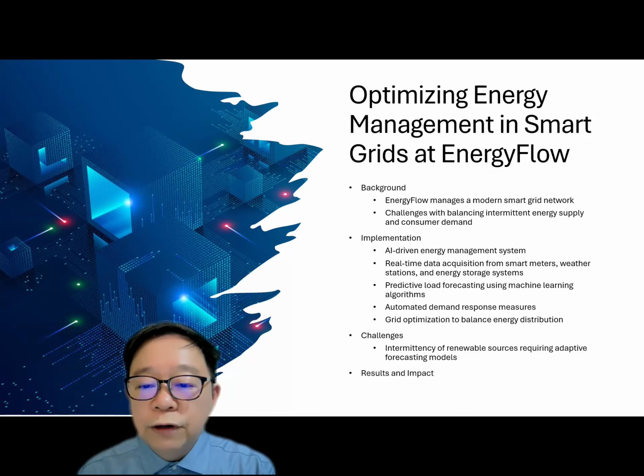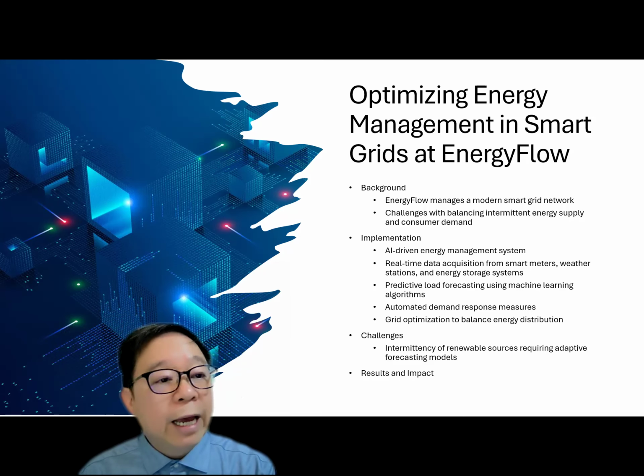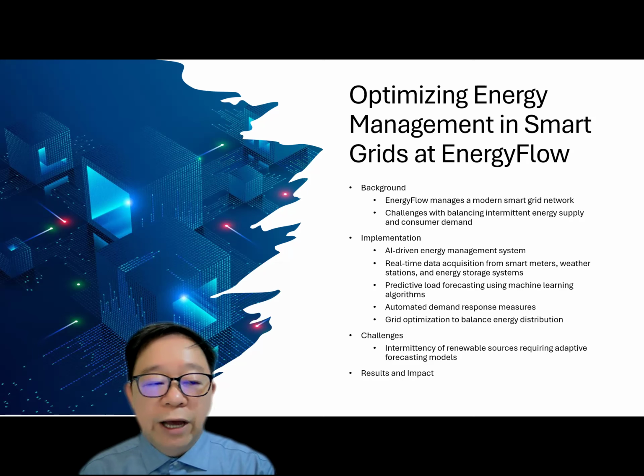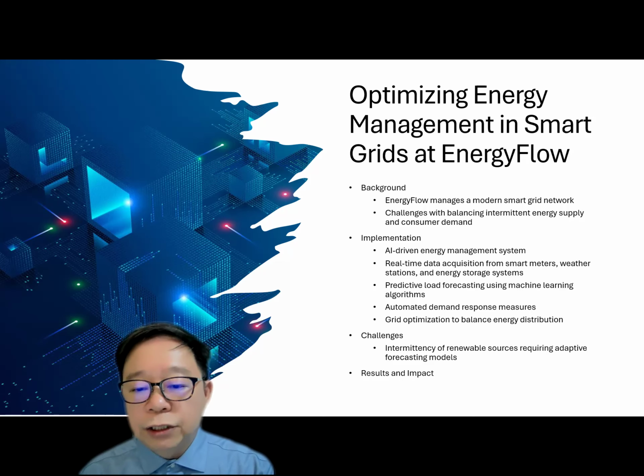Now, with the AI-driven energy management system, they are able to do real-time data acquisition from the smart meters. They are able to use weather stations and look at the weather. Of course, the other one is very new and in demand. It's called the energy storage system. The energy storage system you're going to see powered by AI. Then you are able to do wonderful cost-saving storage for new energy.